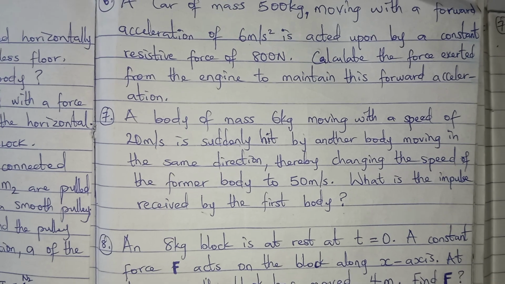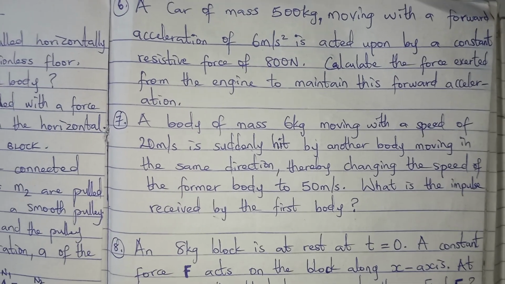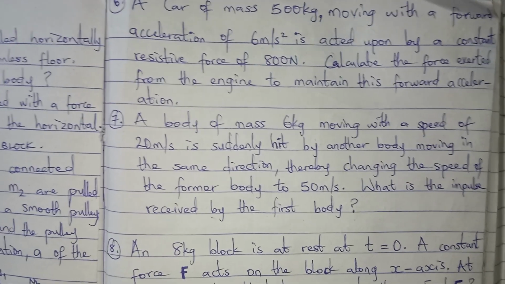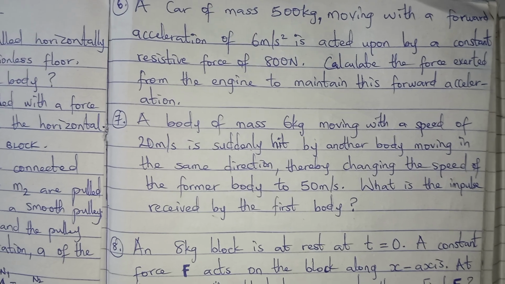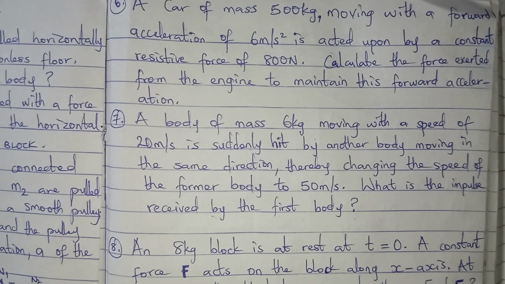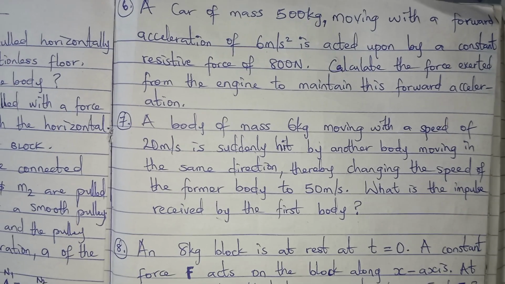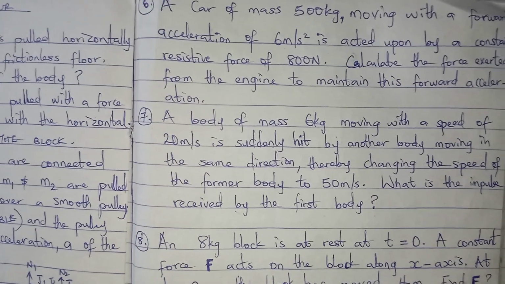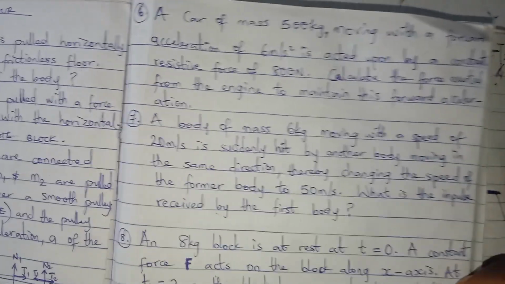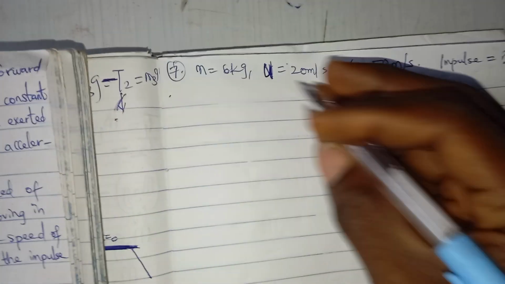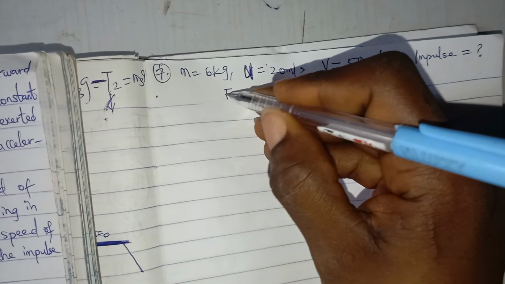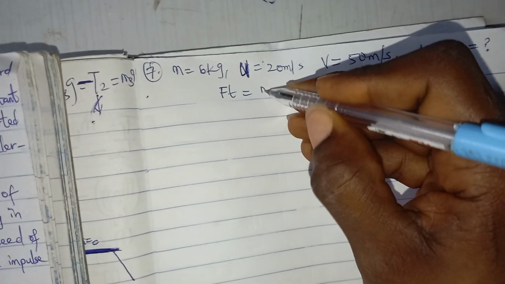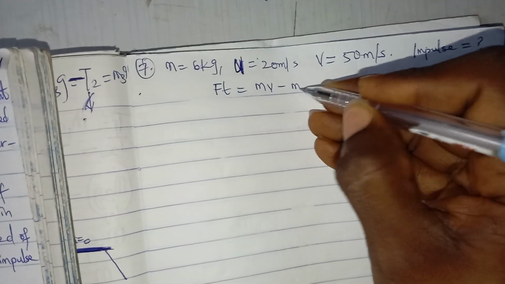So which is the final velocity? 50 meters per second. Then it asks us, what is the impulse of the first body, the body that experienced 20 to 50 meters per second, and this first body is 6 kg. So this is simply applying our principle, which is Ft equals mv minus mu.